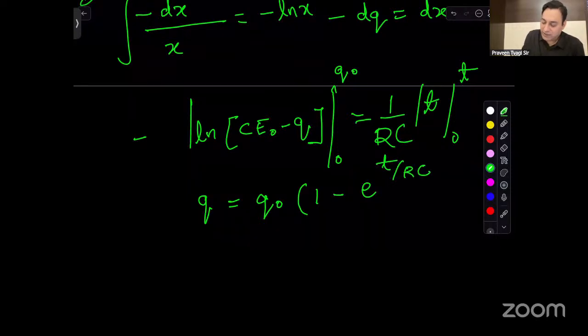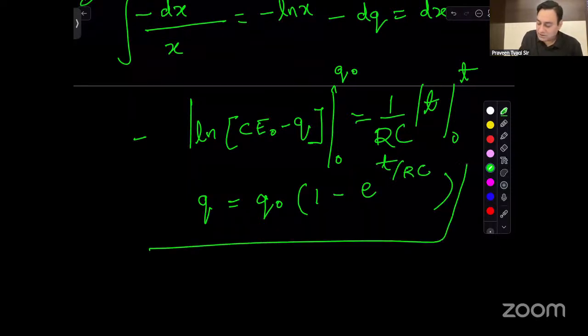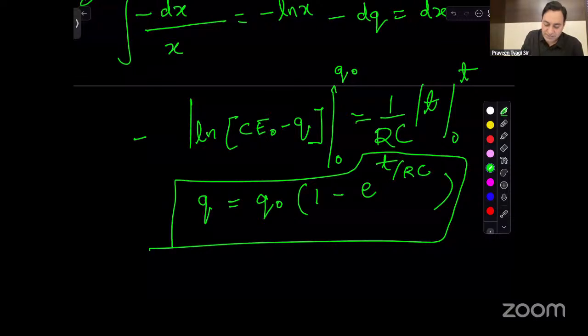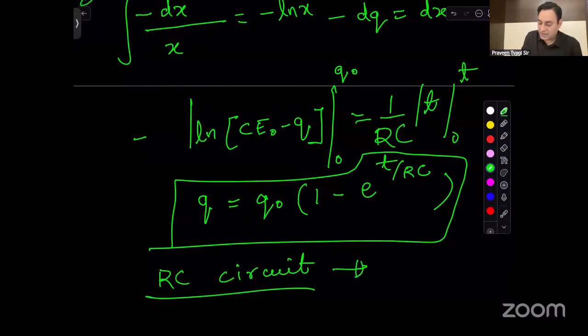This is what you will get. All of you can see this result in all your books, and this is called charging of a capacitor in an RC circuit. It had a resistance, it had a capacitance, and this is charging of a capacitor.